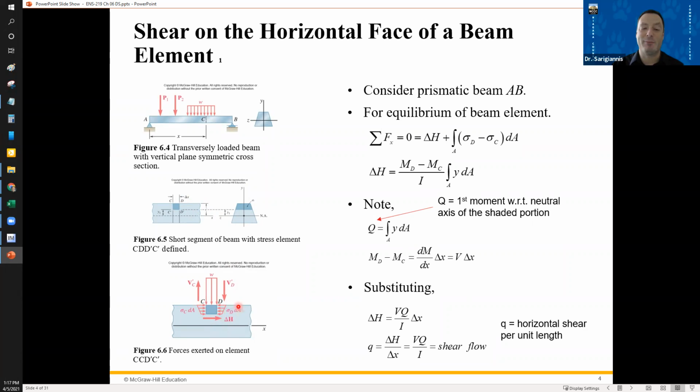So this element has the normal stresses on either side, it's got the shears, V D prime and V C prime, and it's got this delta H. Delta H is along the bottom of this element, because we're taking an element that doesn't have its bottom at the neutral axis. So there's got to be some kind of longitudinal force, denoted by delta H.